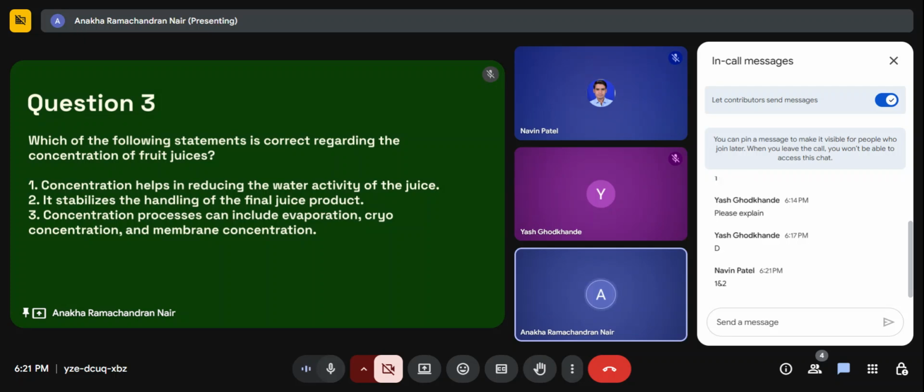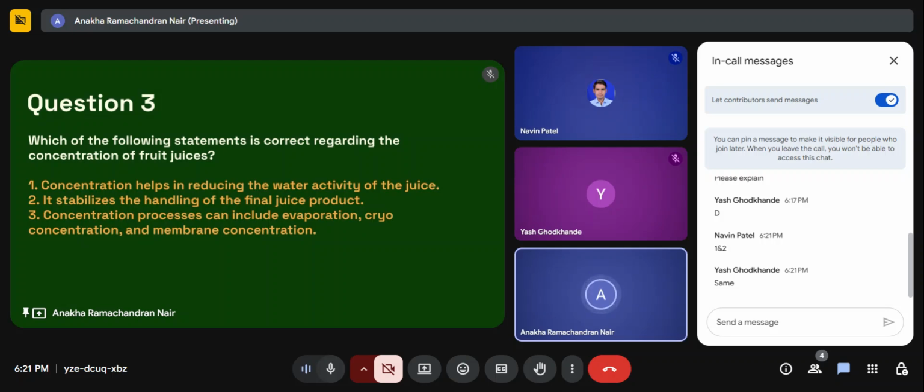Alright, 1 and 2. Yash, do you have a different answer? Same. Alright, so let's see what the answer is. The answer is actually 1, 2, 3. All three of them are correct.